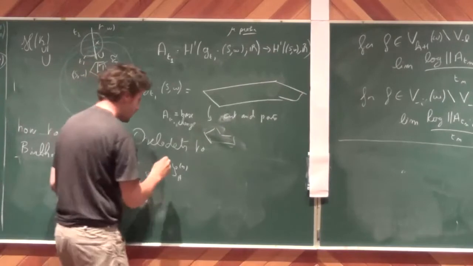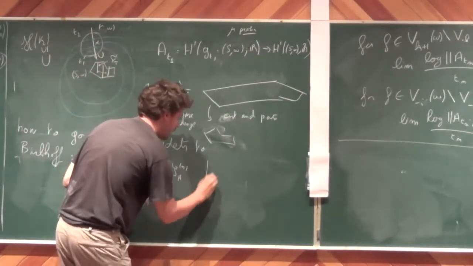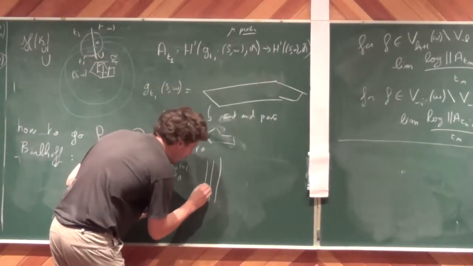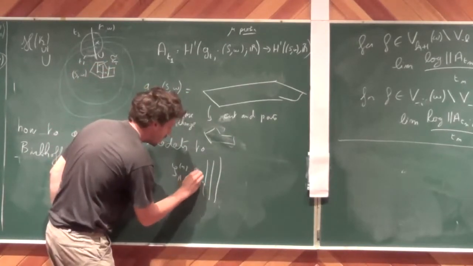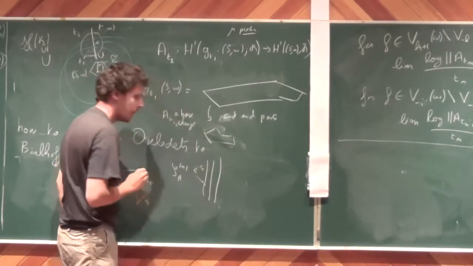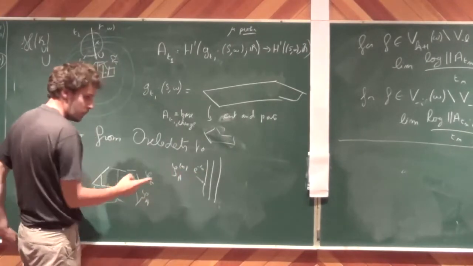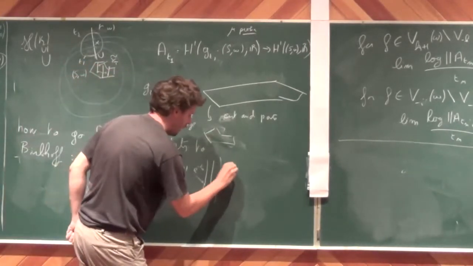So I have a curve zeta_n that looks like something which comes back but very, very near. The error here is of size exponential minus t_n, and the length is exponential t_n.